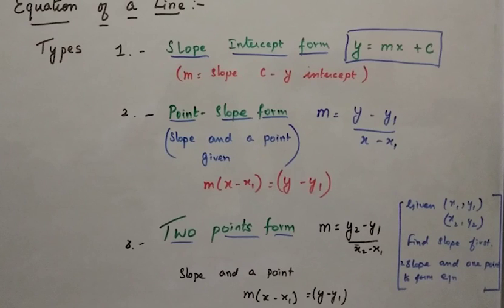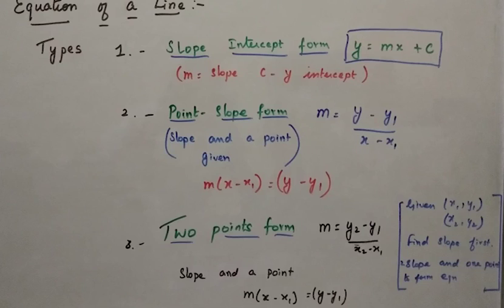Third form, two points form. Two points will be given, x1, y1, x2, y2. Using these two, we have to find the slope first. m is equal to y2 minus y1 upon x2 minus x1.